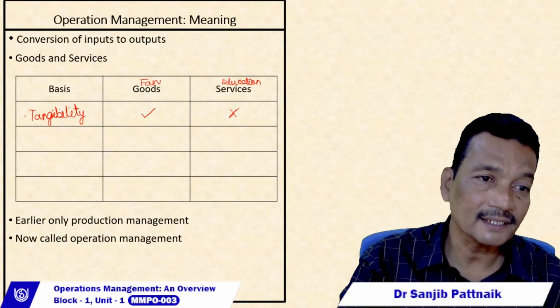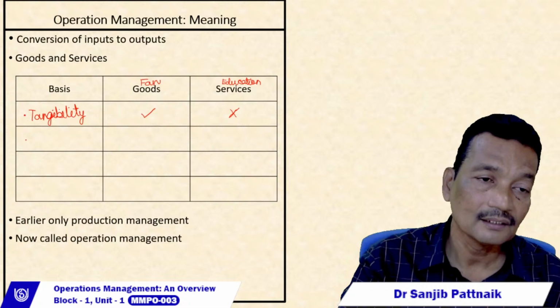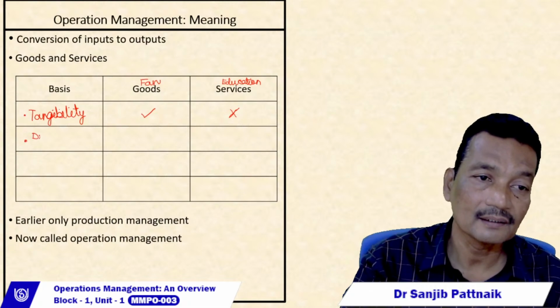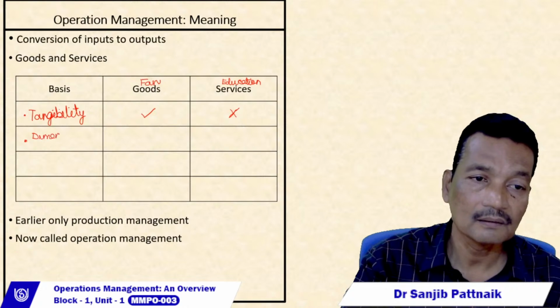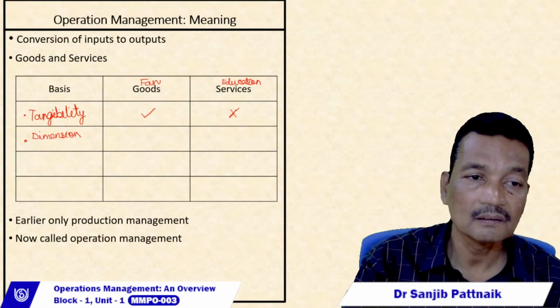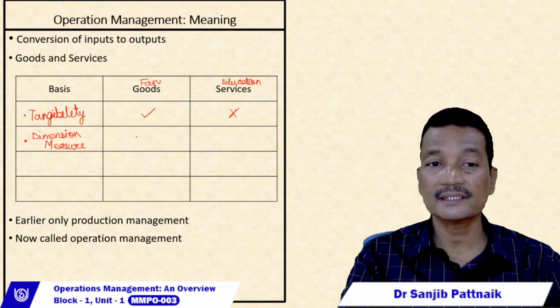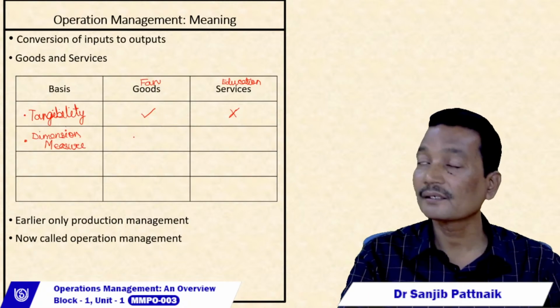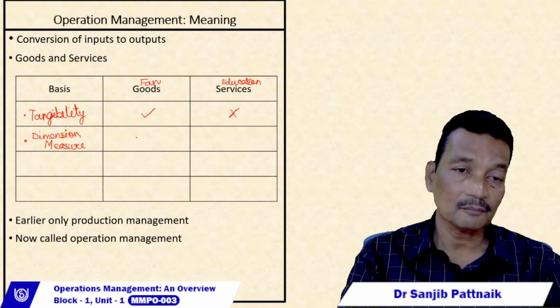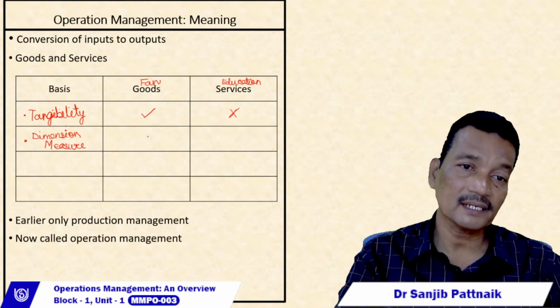Another basis I can take is dimension measurement. Can I measure the dimensions, that is length, breadth, the circumference of the motor, etc. of a fan?